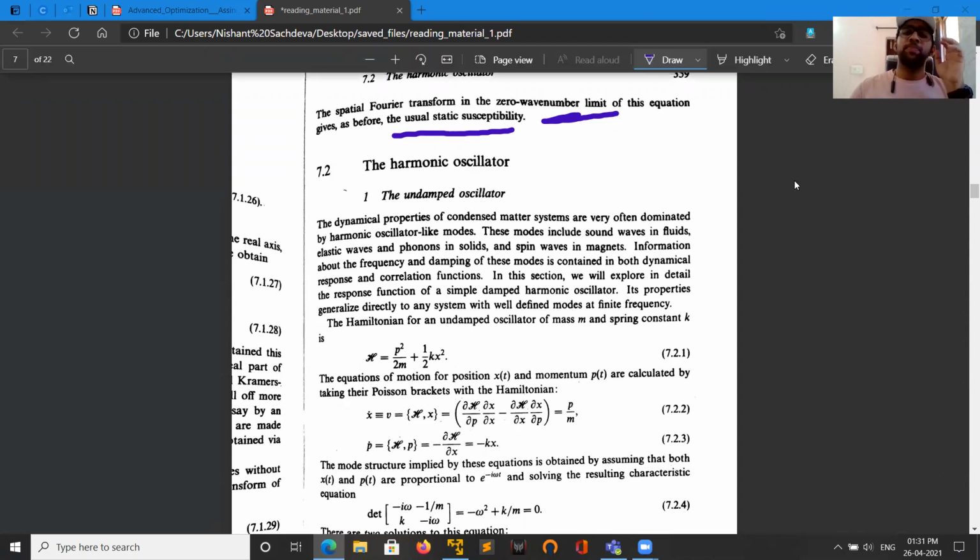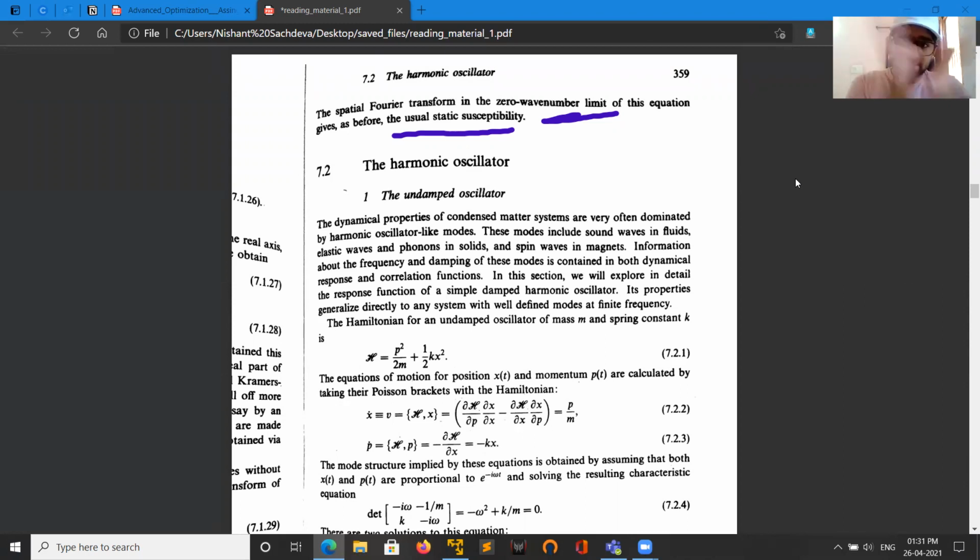Now, the dynamical properties of condensed matter systems, they're not gas, they're not liquids, they're condensed matter systems, are very often dominated by harmonic oscillator-like modes. They just go back and forth. These modes can include sound waves in fluids, elastic waves, phonons in solids, spin waves in magnets.